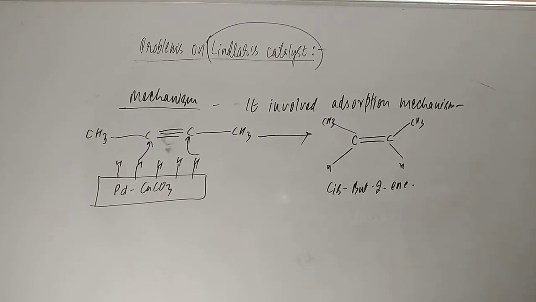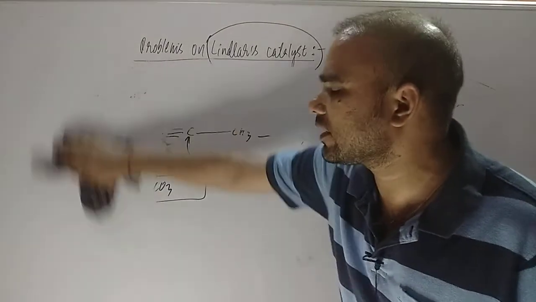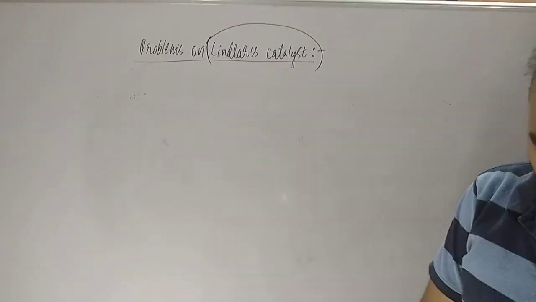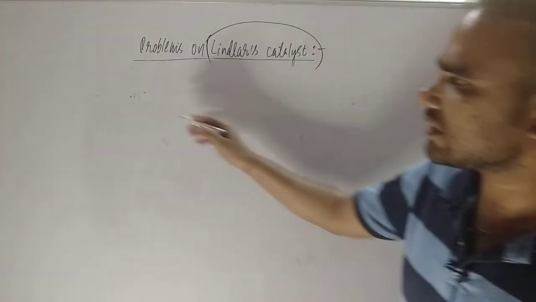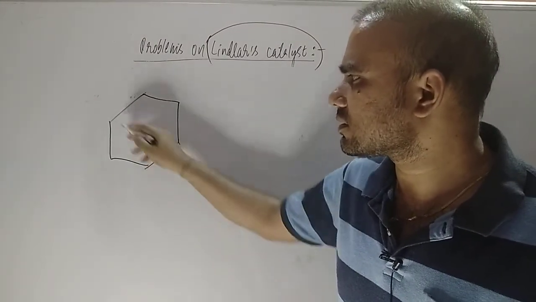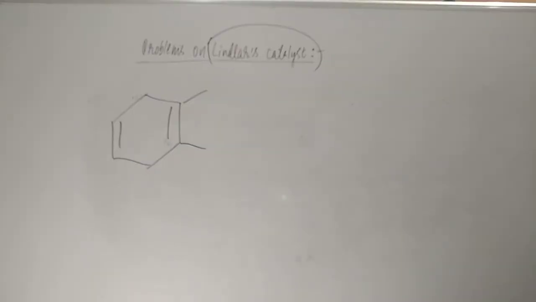Now if you are taking an aromatic compound, let us see how the reaction will proceed. Suppose I have this compound and I am taking the Lindlar catalyst only. That is a double bonded compound, students, and if you take the Lindlar catalyst, how can you reduce this?